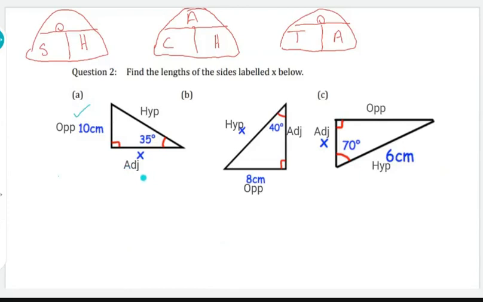And we're trying to work out the adjacent because it's given as X. So, question: of the three red triangles at the top, which triangle has both opposite and adjacent in it? The last one, the TOA triangle. So we're going to use this TOA triangle.